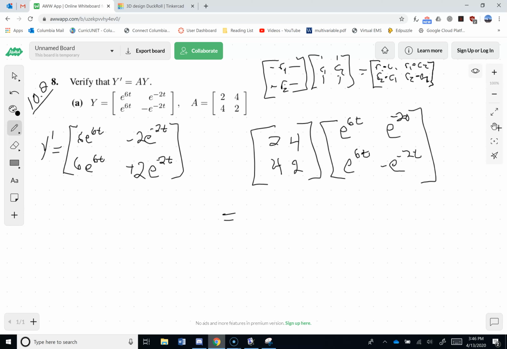Oh, did I do this backwards? No. Okay. So, out of this thing, I should get a first entry that's row 1 dotted with column 1. So that should be 2e to the 6t plus 4e to the 6t.